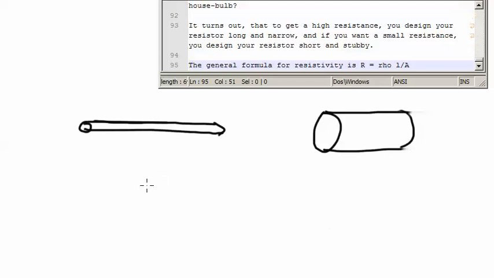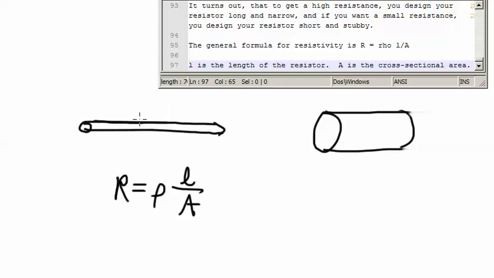The general formula for resistivity is R equals rho times L over A. L is the length of the resistor, and A is the cross-sectional area.